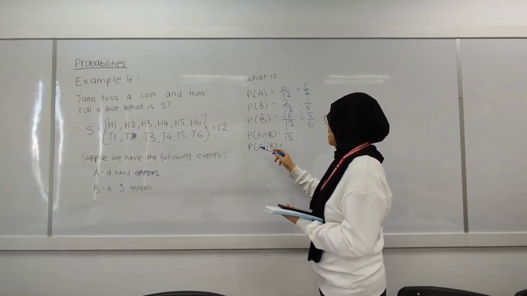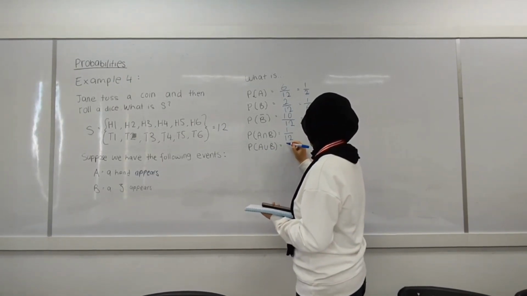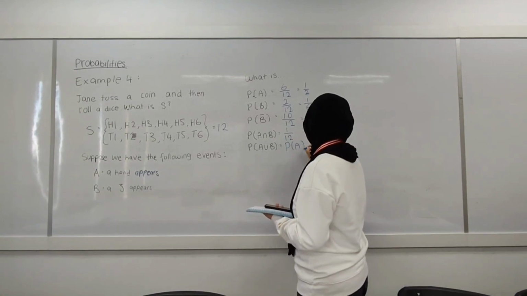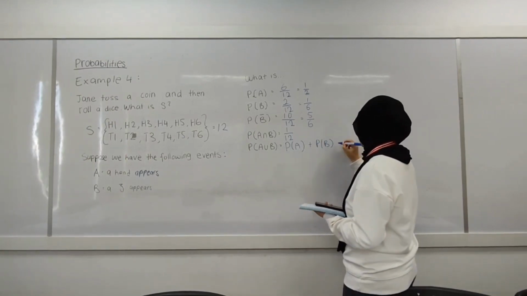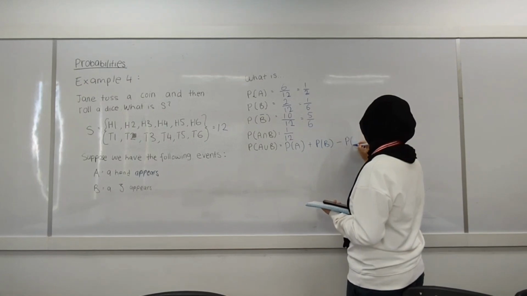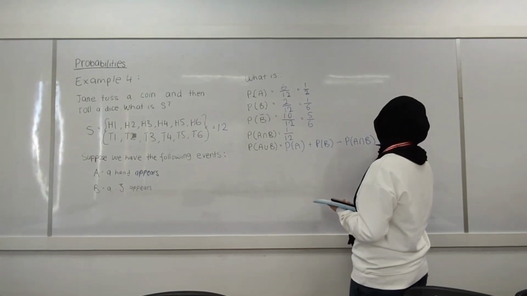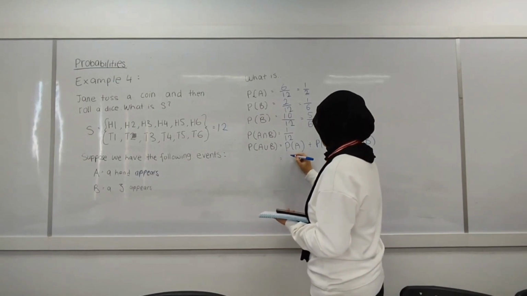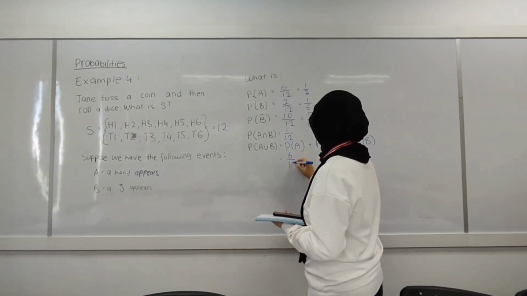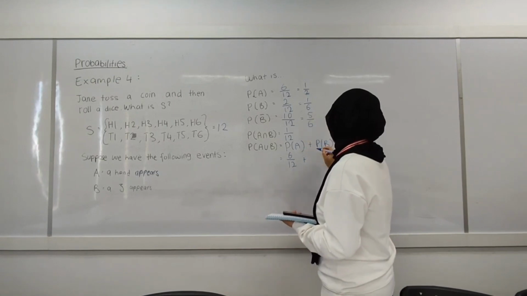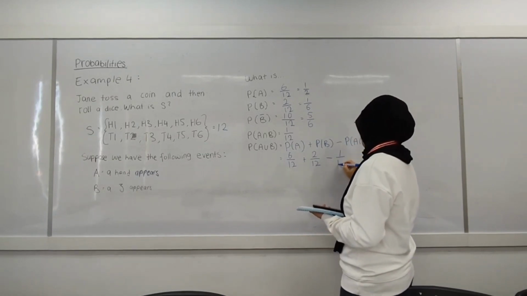For the probability of A union B, we can use this formula: probability of A plus probability of B subtract probability of A and B. So we can get 6 over 12 plus 2 over 12 subtract 1 over 12.